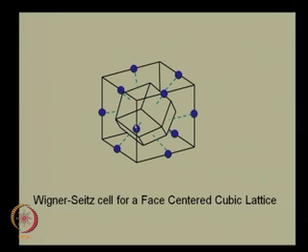At the corners we have lattice points here, and in the middle we have lattice points here, and the straight lines I have drawn here all go to the middle of this structure, which is a plane halfway through this unit cell. Therefore that is the face center of both these unit cells. Effectively that is the face center of one half of a unit cell up here, and also the face center of one half of another unit cell down here.